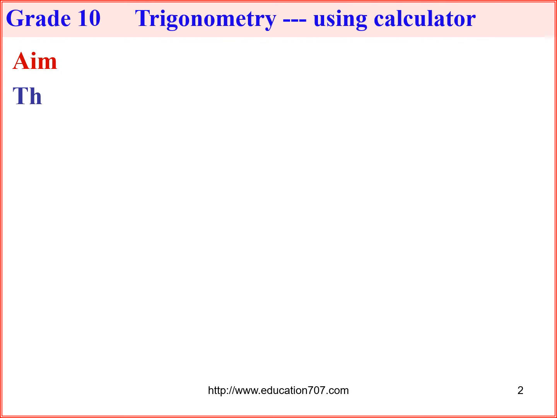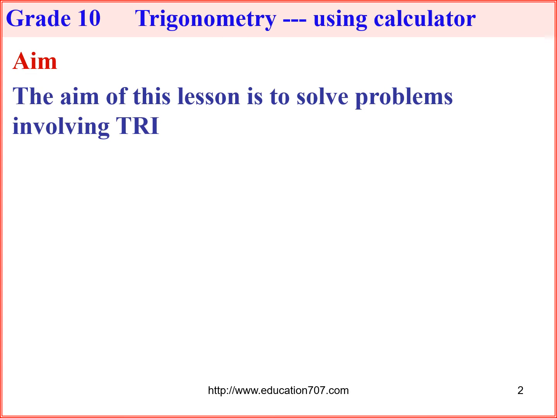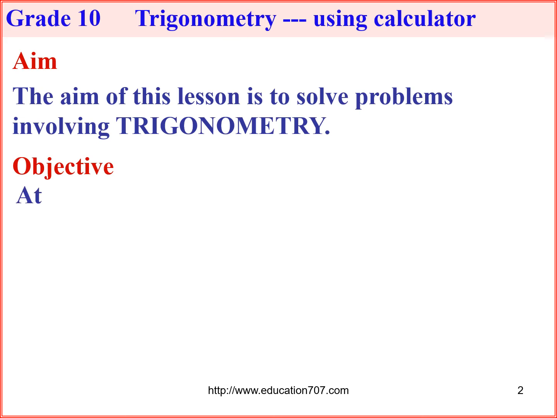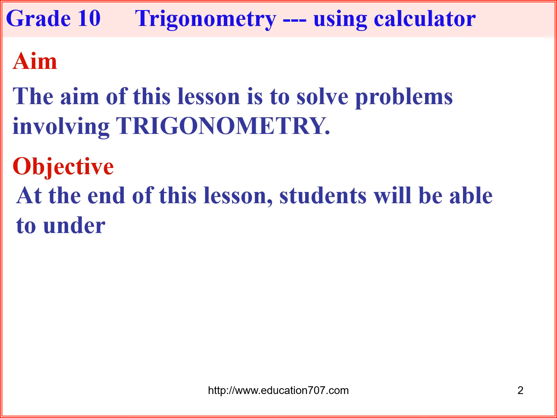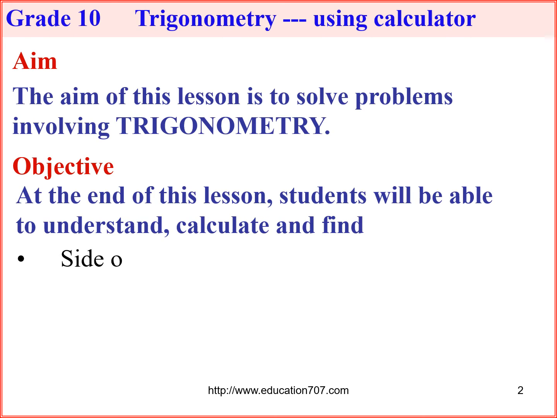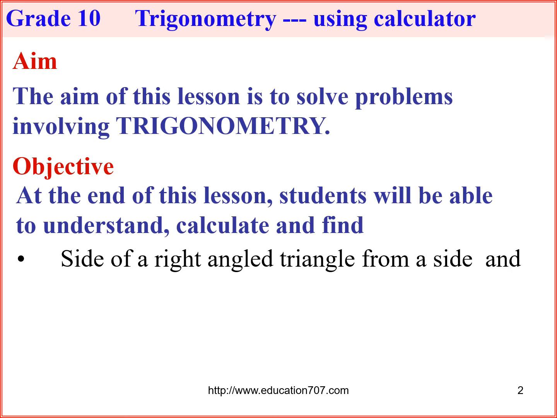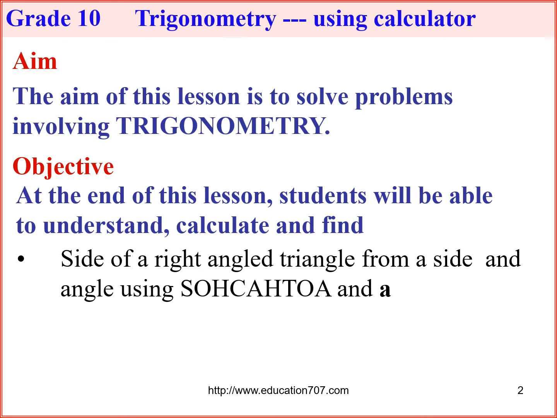Aim. The aim of this lesson is to solve problems involving trigonometry. Objective. At the end of this lesson, students will be able to understand, calculate, and find the side of a right-angled triangle from a side and an angle given using SOHCAHTOA and a calculator.